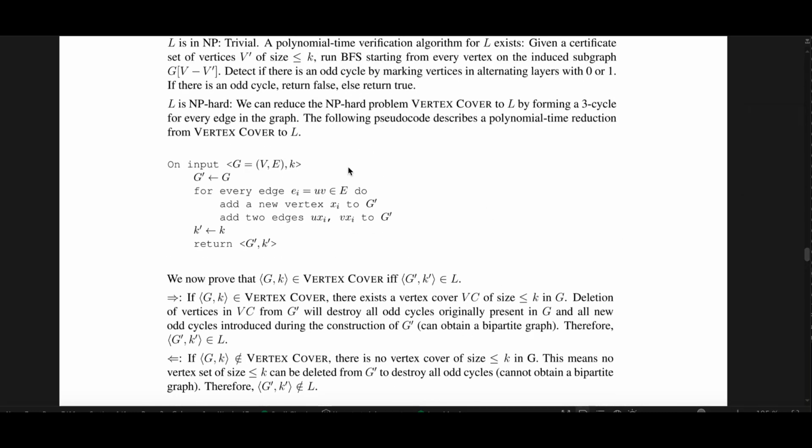The pseudocode is similar to the first solution.